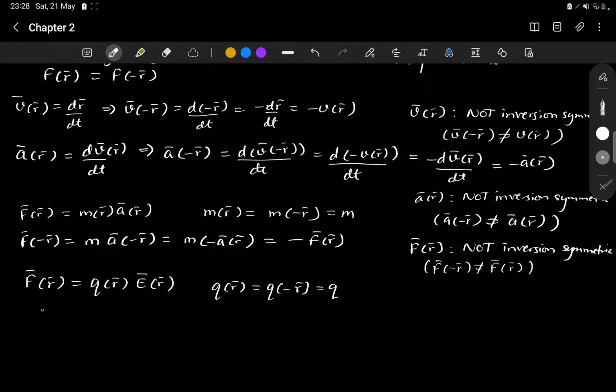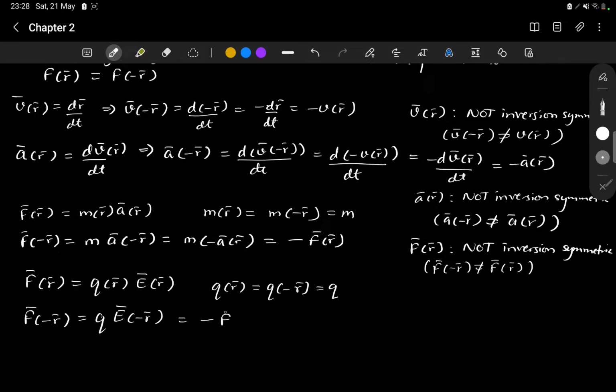So in such a situation, we know that force at R is equal to Q times electric field. So let us find force at minus R. This is charge times electric field at minus R. Now we know that force at minus R is minus of force at R from this relation, because force is not inversion symmetric.